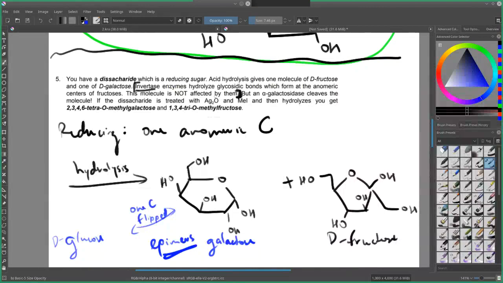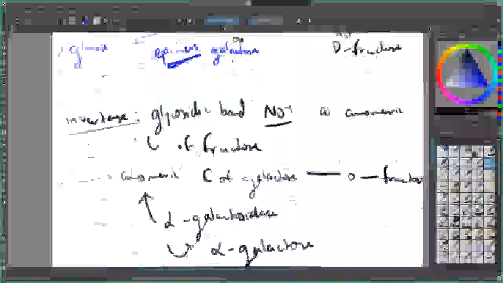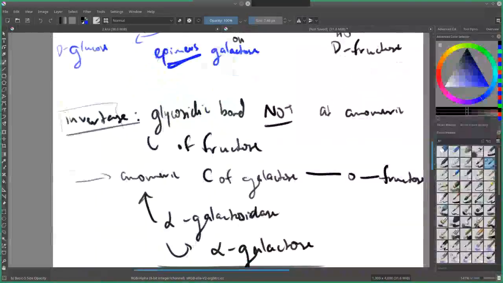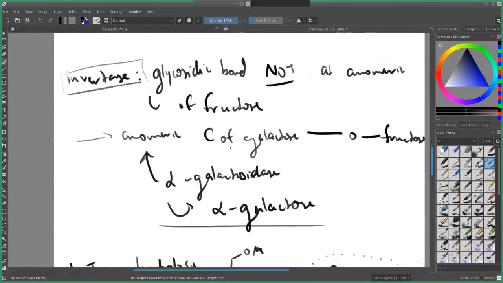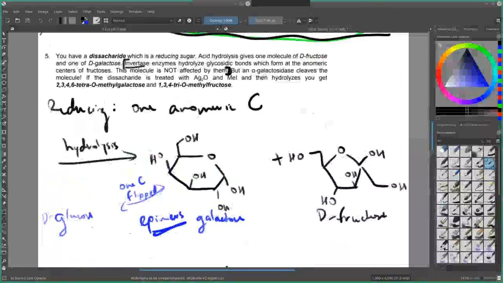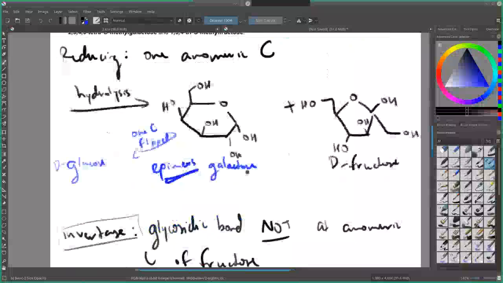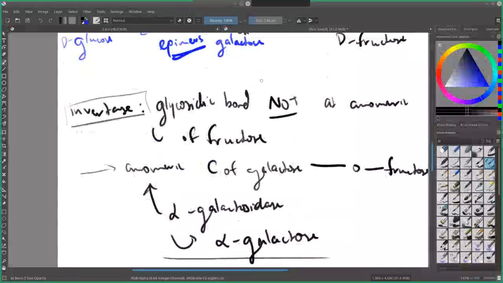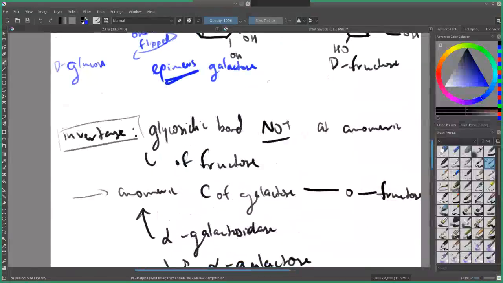So what that tells us is that the glycosidic bond is not at the anomeric carbon of fructose. So that means it's going to be at the anomeric carbon of the glucose, did I say glucose? It's going to be at the anomeric carbon of the galactose.